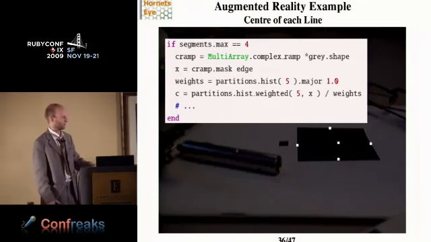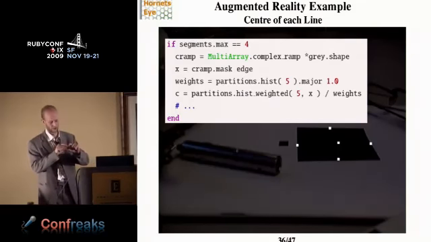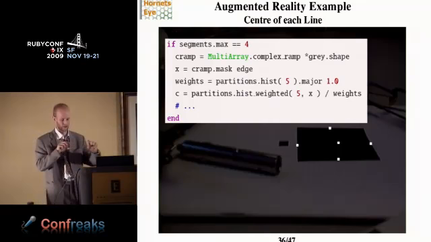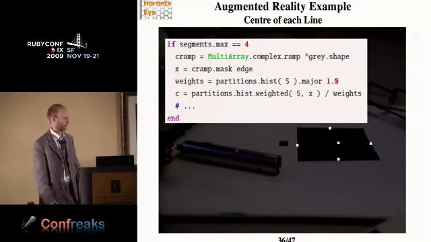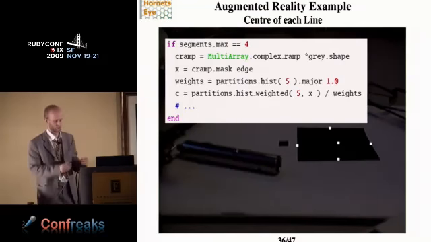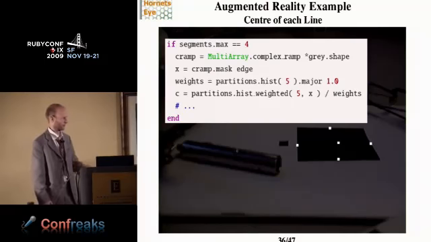And then I do a masking operation to compute x, so that x will be a 1-dimensional array containing the complex coordinates, if you will, of all the edge pixels. And then the following 2 statements are just to compute the center of gravity of each line. So I first create a histogram of the labels.